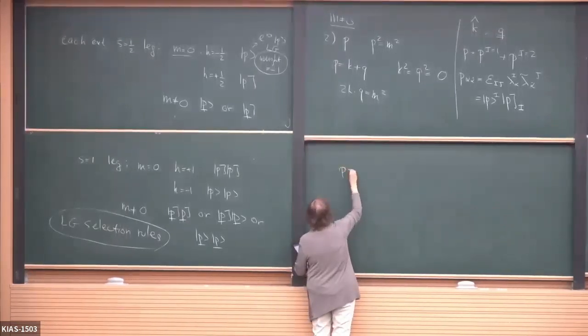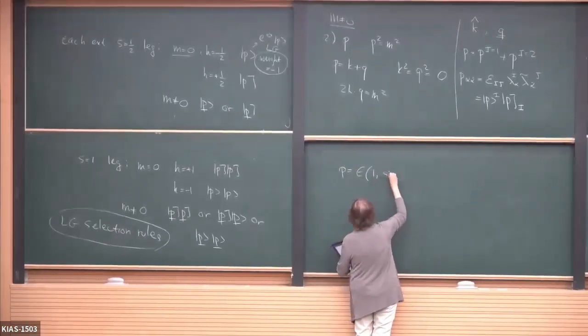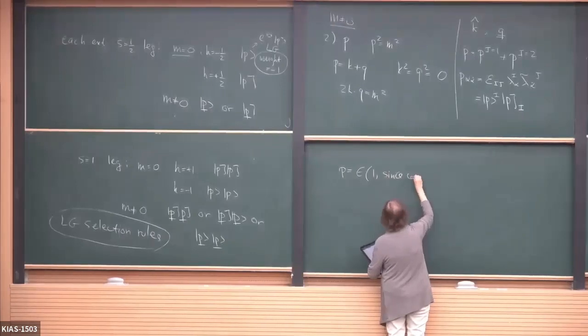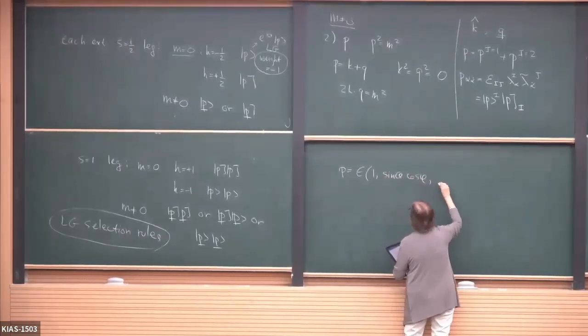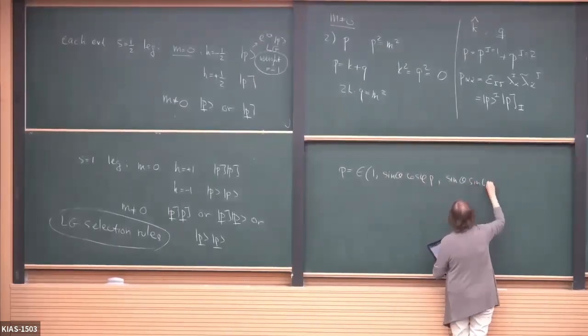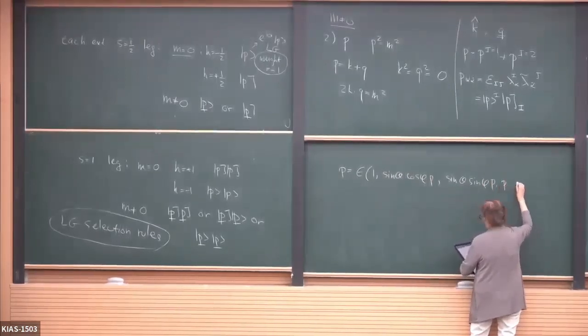So suppose our momentum is the usual thing: p sine theta cosine phi here, p sine theta sine phi, and p cosine theta.